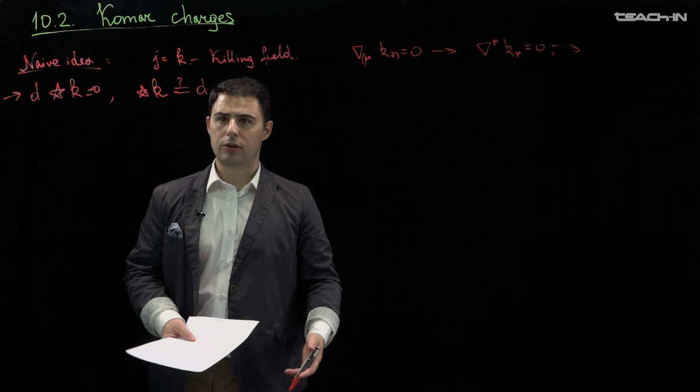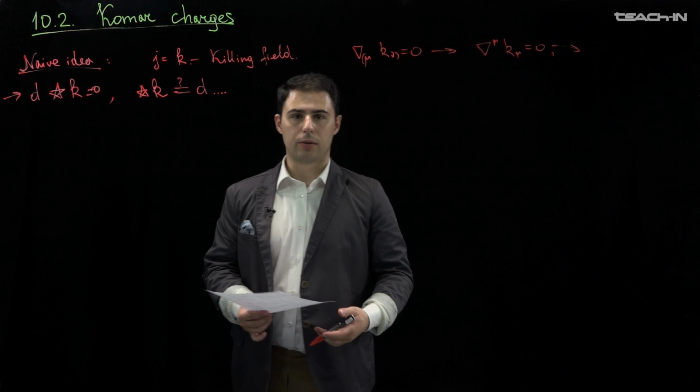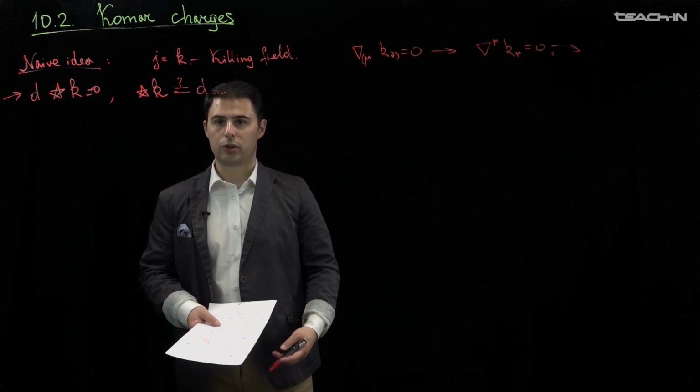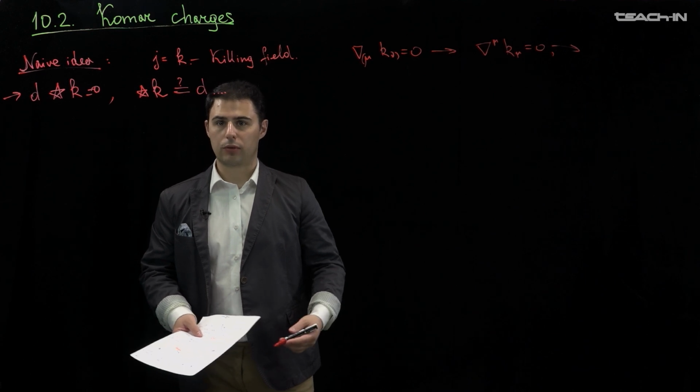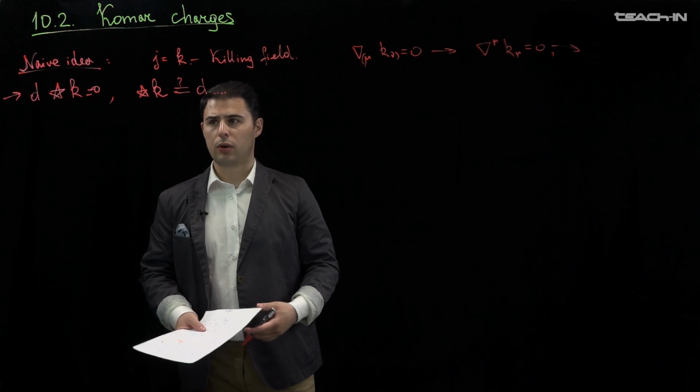So it's not necessarily d of something well defined. Therefore, we cannot use our Stokes argument to take the integral over a two-dimensional sphere at the asymptotically flat end at infinity. So we need to come up with something better.